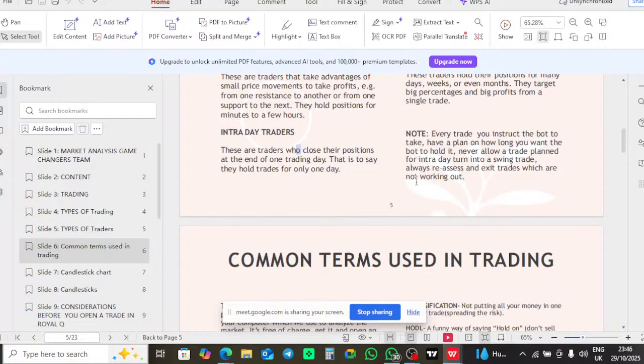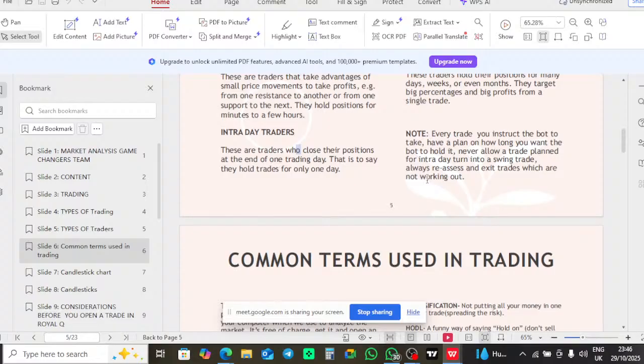So here, there is a note. For every trade, you instruct the bot with a plan on how long you want the bot to hold it. Never allow a trade planned for intraday to turn into a swing trade. Always reassess.